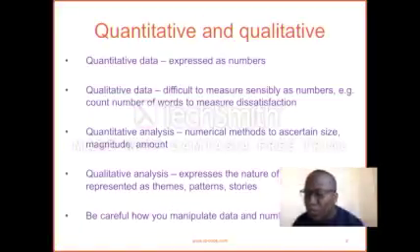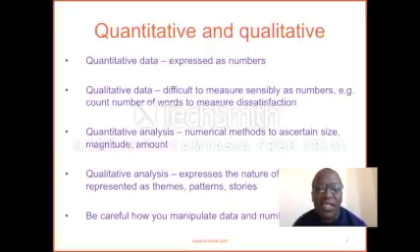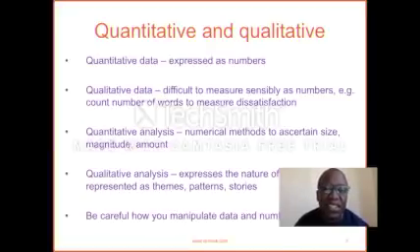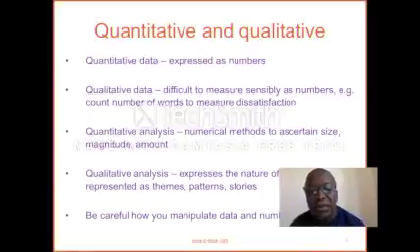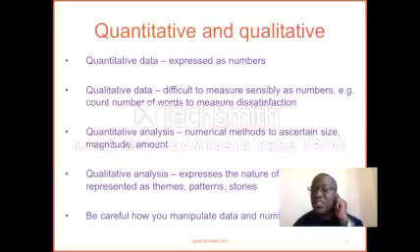Okay, so what are the distinctions between quantitative and qualitative data analysis? Quantitative data, as we have seen in some of the previous lectures, is data that is expressed as numbers. On the other hand, qualitative data is essentially the kind of data that is difficult to measure sensibly as numbers.